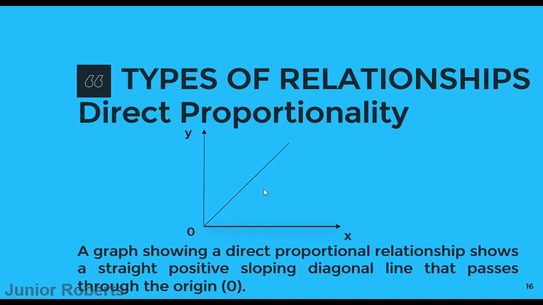So just like the graph of proportionality, we obtain a straight diagonal positive sloping line, right? However, in the case of direct proportionality, it passes through the origin, or it passes through the 0 point, right? So this line here, it's positive, it's diagonal, and it's sloping upwards, so it's positive, and it also passes through the origin or the 0 point.